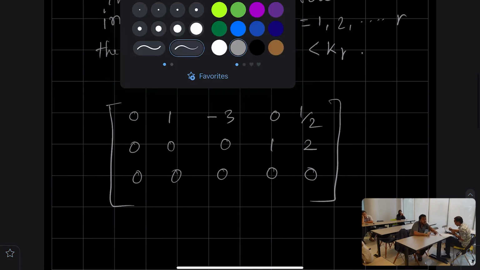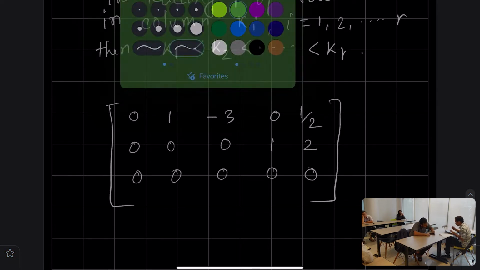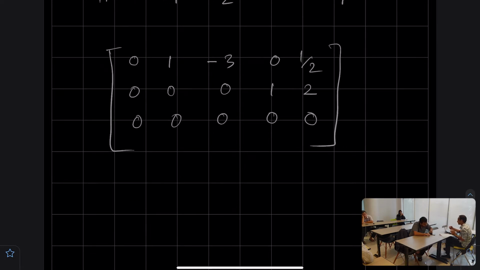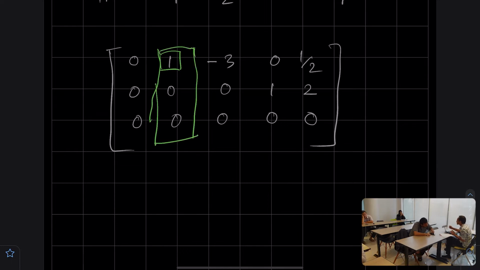So for this, the first non-zero entry of the first row is this, and this is a 1. So this is the leading one of that row, and the column is this, right?